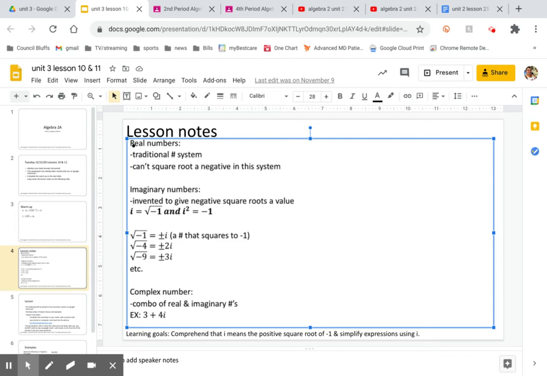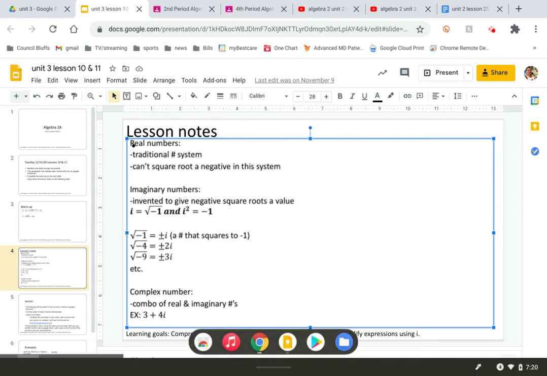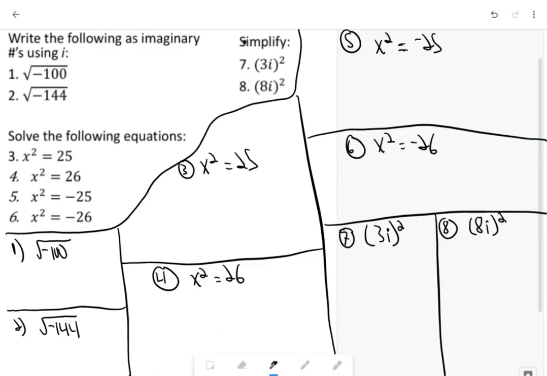If it were the square root of positive 100, we would say that the answer is positive and negative 10. But because it's the square root of negative 100, the only difference is the answer is now positive and negative 10i.